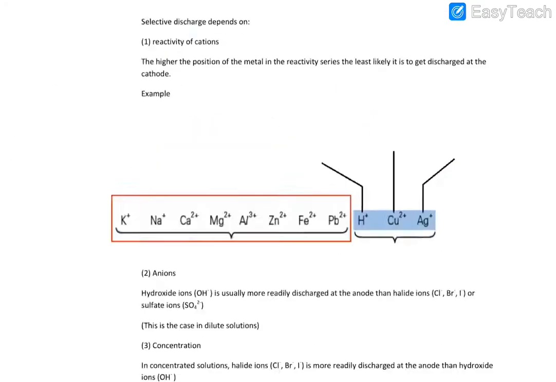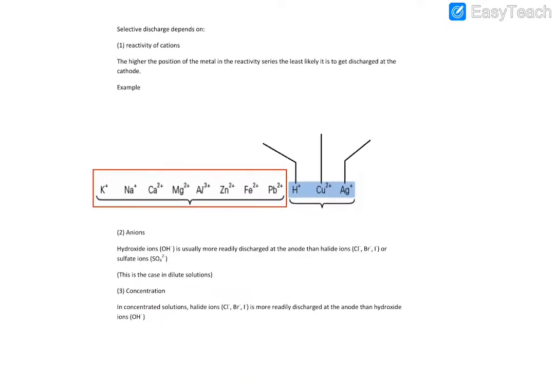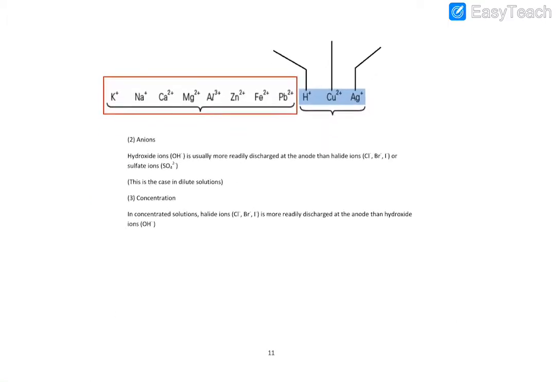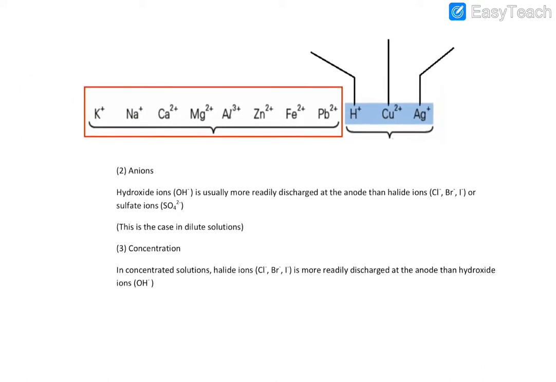So if you have two or more cations, we have to select which one is more likely to get discharged. So you use the reactivity series. The cations of the reactive metals are generally never discharged.